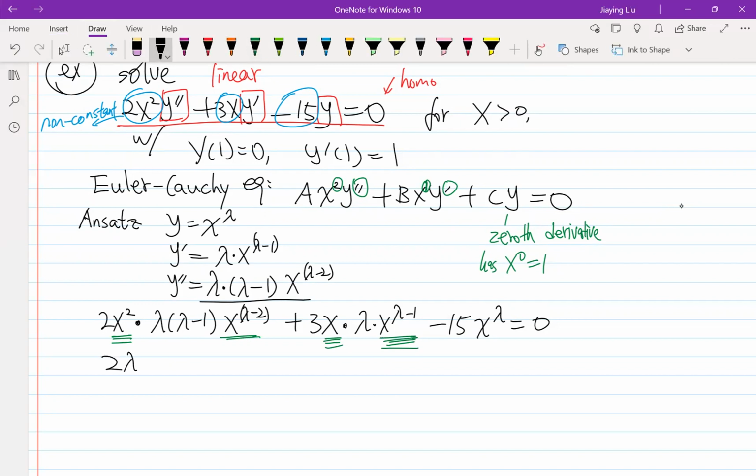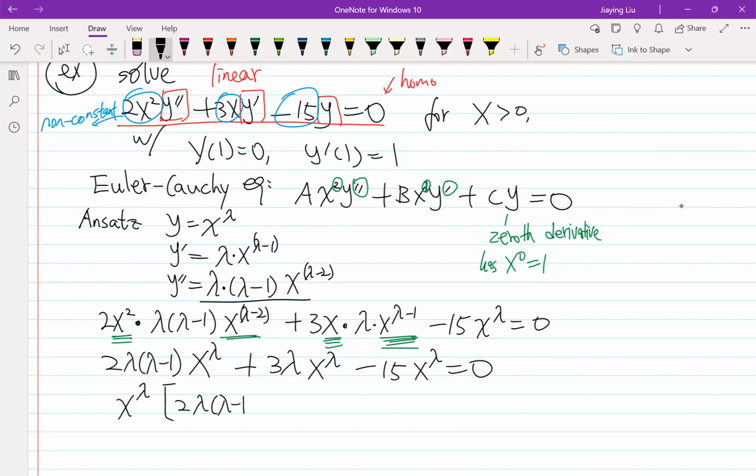We have 2 lambda times lambda minus 1, x to the lambda, plus 3 lambda x to the lambda, minus 15 x to the lambda, equals 0. And then we can factor out x to the lambda from all terms. So that's 2 lambda times lambda minus 1, which you can multiply out, plus 3 lambda minus 15 equals 0.